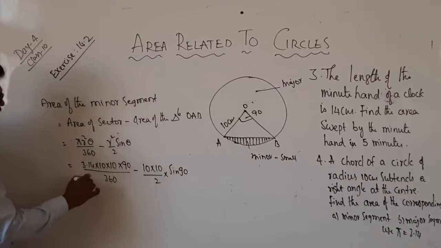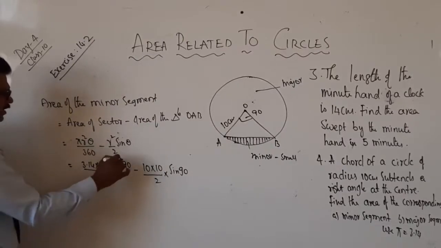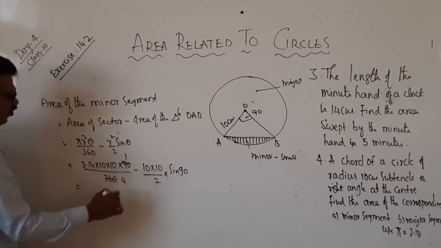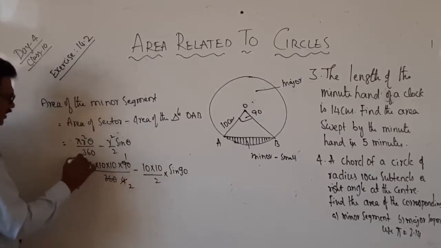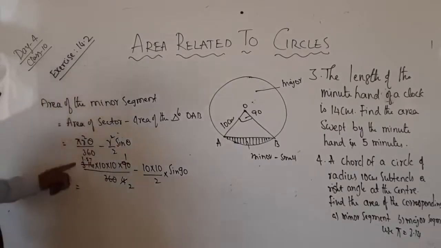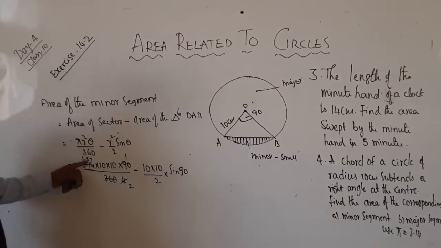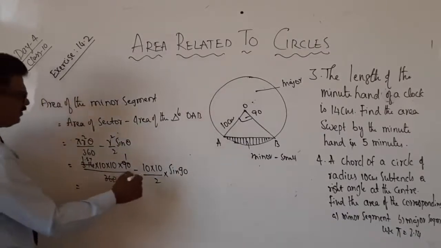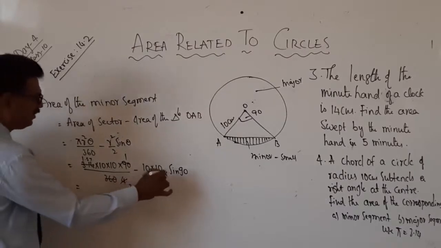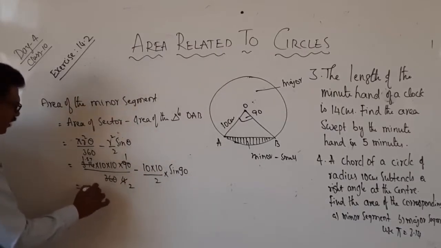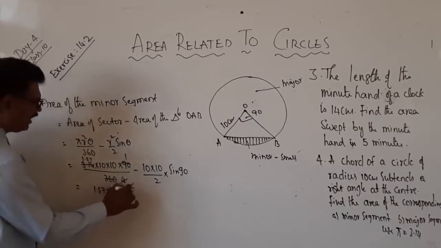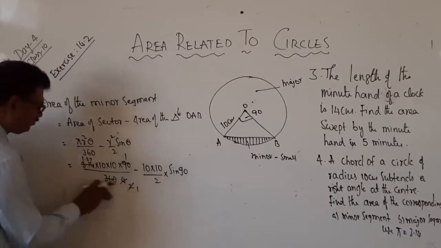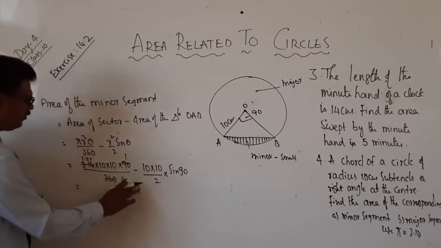Again you can cut, ones and fours directly, and again 2s. That gives 1.57. Again here 1.57 into 100. Otherwise you can cut this also, 2 ones. No problem. We will keep it like that only.